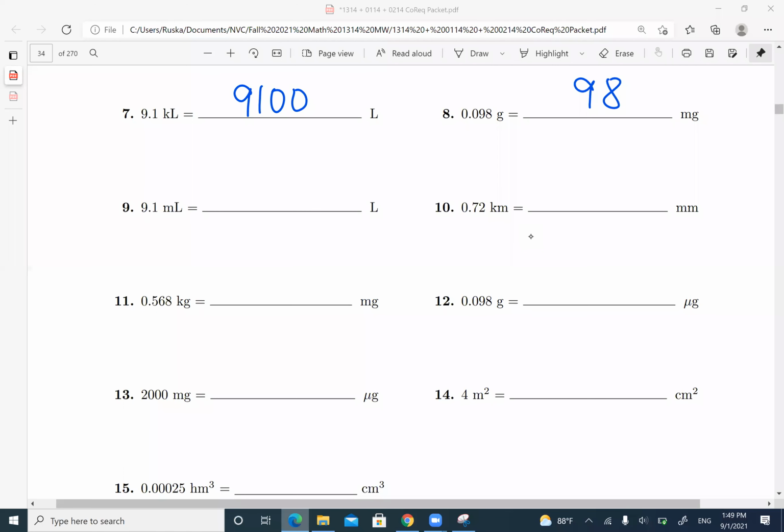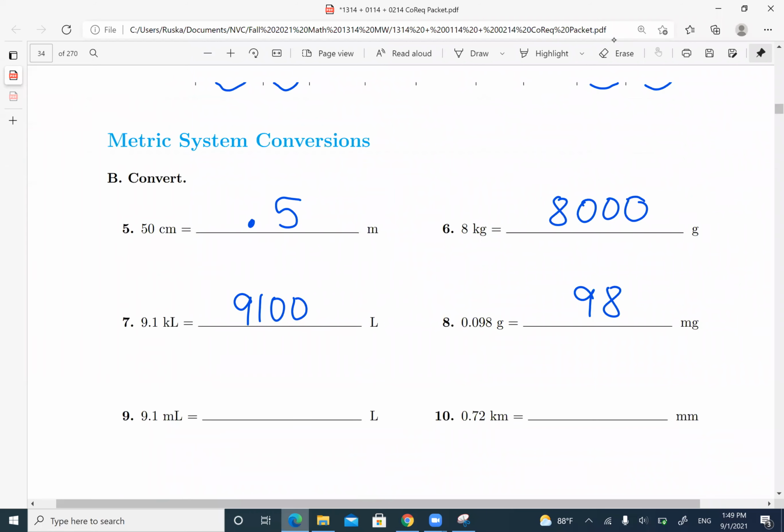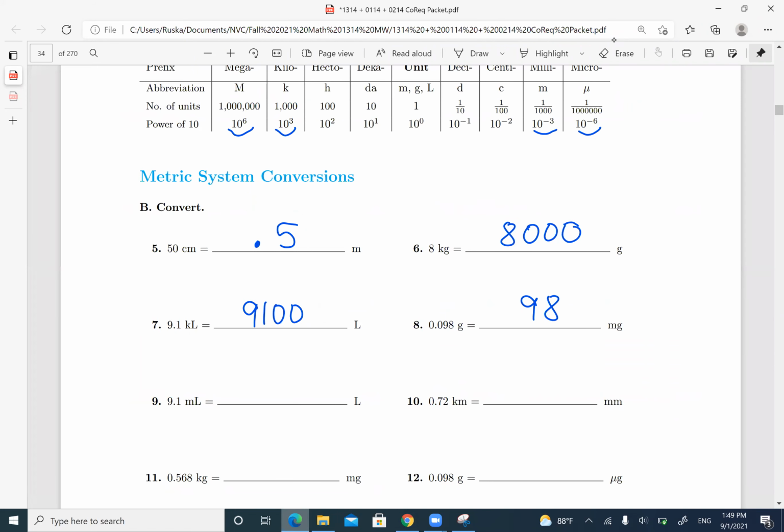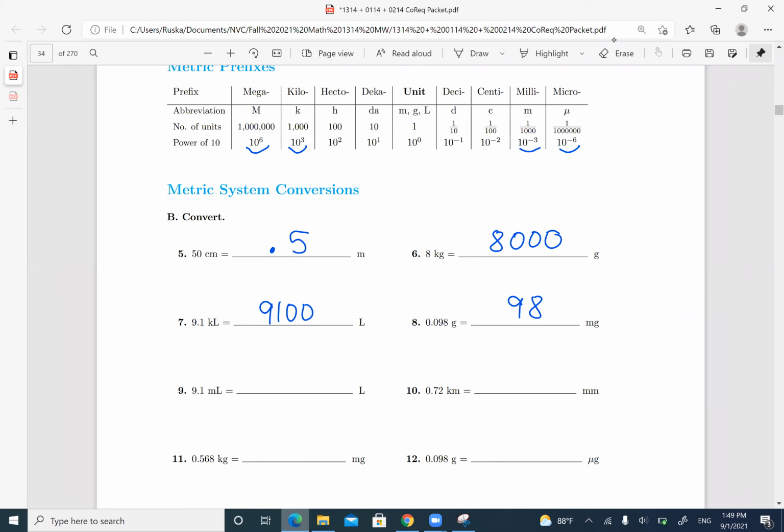So for number 9, we have 9.1 milliliter to liter. So we're going from milli to the base unit. So looking at my table, we're doing from milli this way. So we are moving to the left, and that's 3 steps to the left.